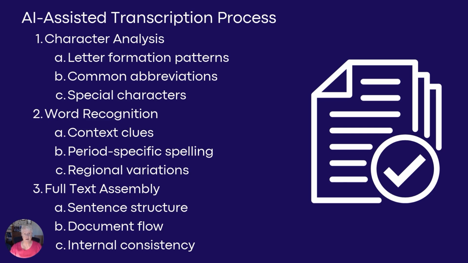Within the character analysis, they look at the letter formation, common abbreviations and special characters, and then in word recognition, look for context clues, period-specific spelling, and any regional variations. And then for the full text assembly, they're looking at sentence structure, document flow, and internal consistency. So that's the nuts and bolts of the transcription process.